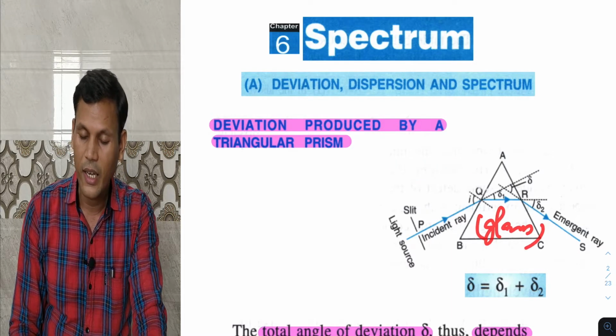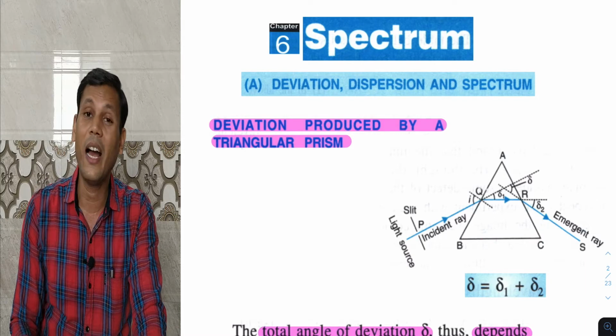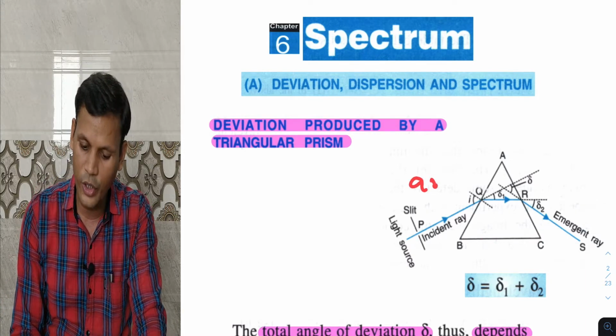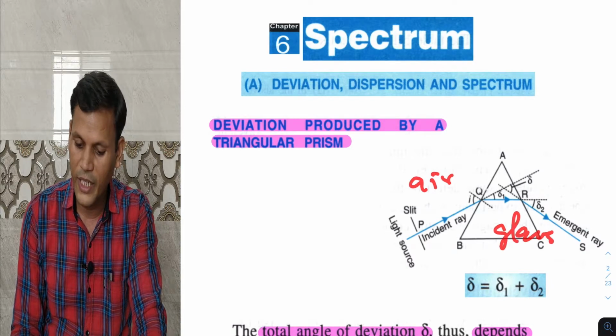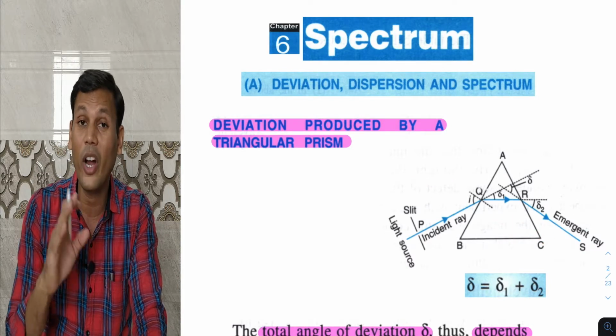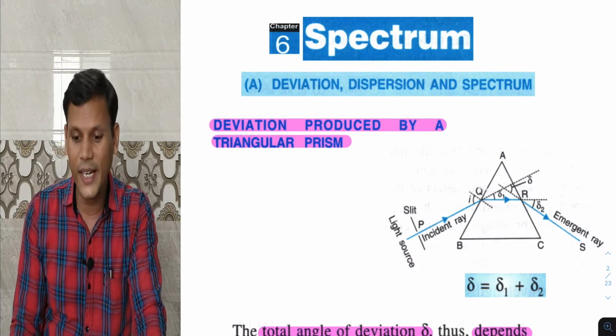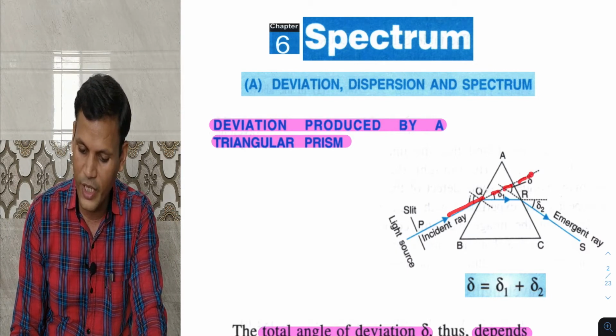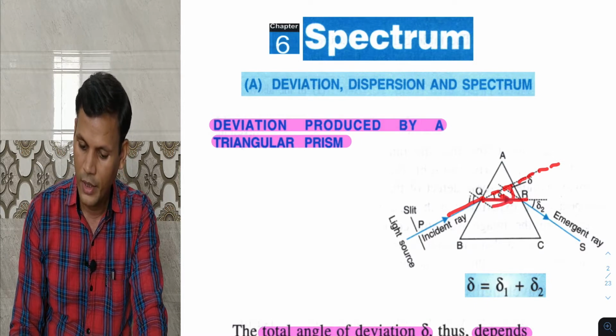As the light travels from rarer, that is the air medium, to the denser glass medium, it bends towards the normal. Its actual path should be this one, but it bends towards this.